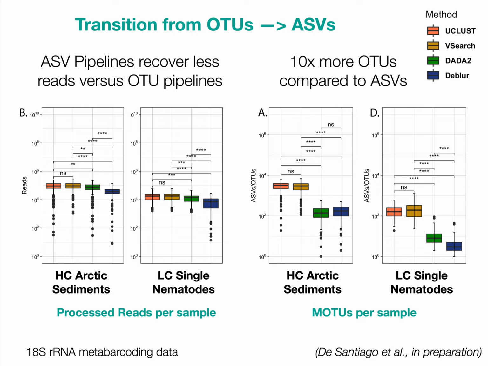But when you look at the overall data set, you actually end up getting fewer overall MOTUs in the entire data set, which I'll show in a few slides. And that situation is reversed in the low complexity data set, where you get fewer MOTUs per sample in deblur versus DADA2. So the green and blue colors in those box plots.